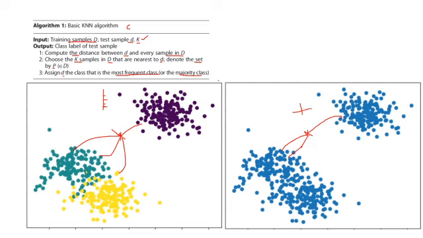In this case, instead of using the most frequent class or value, we are going to average the values. We consider the sum of the values and divide that by this value k, and that is going to be assigned to this new data point.